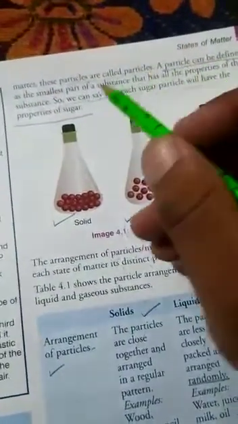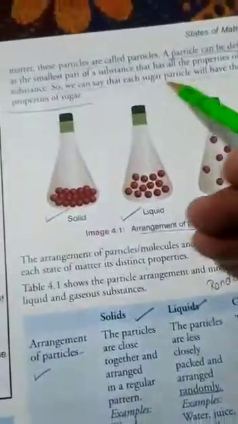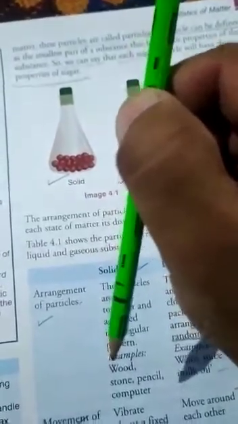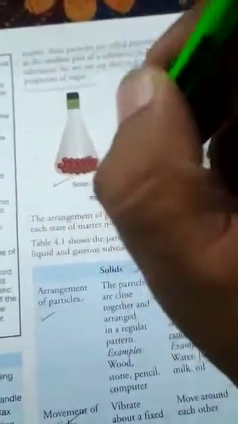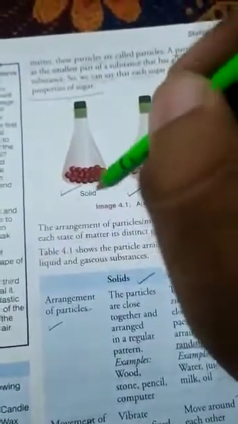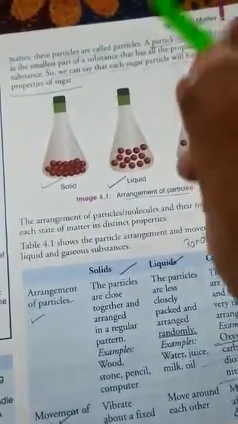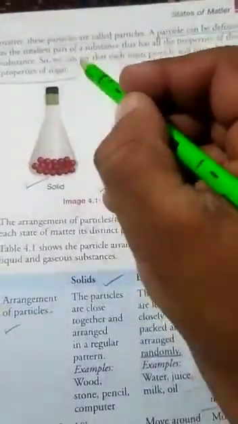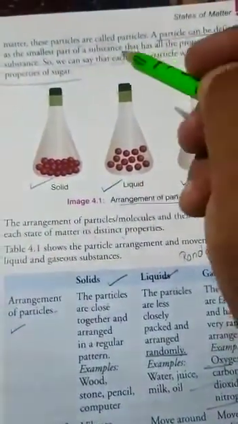A particle can be defined as the smallest part of a substance that has all the properties of the substance.